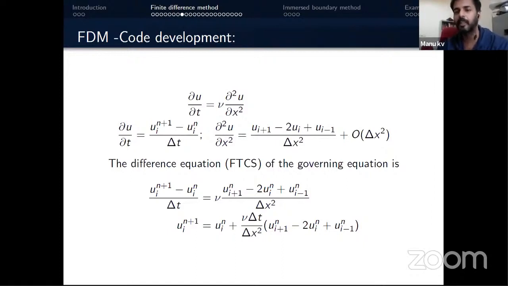If you tell your students to start coding directly, they may find it extremely difficult, but if they follow this procedure, start with linear convection, then advance to viscous diffusion, I felt it is extremely useful for them.